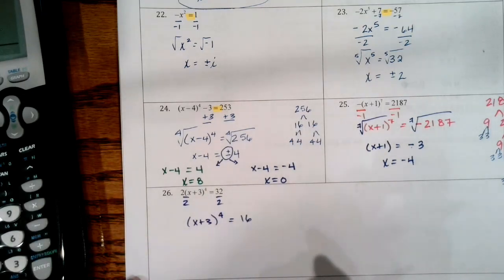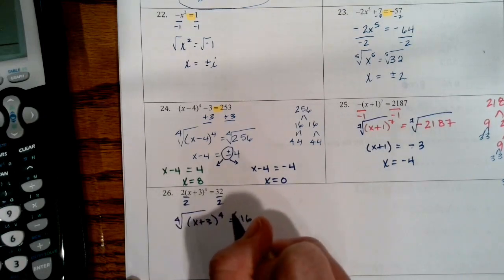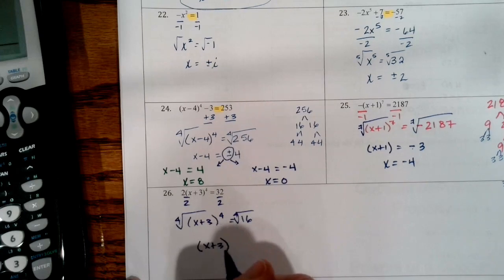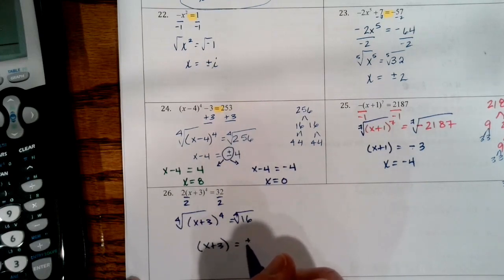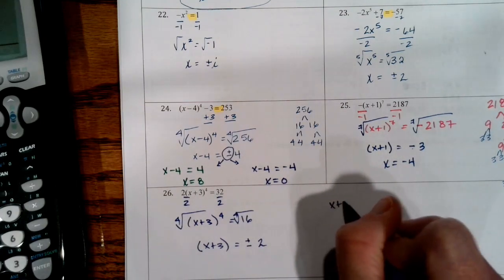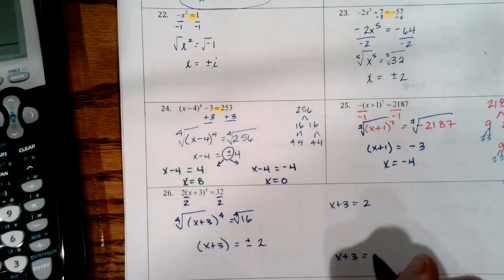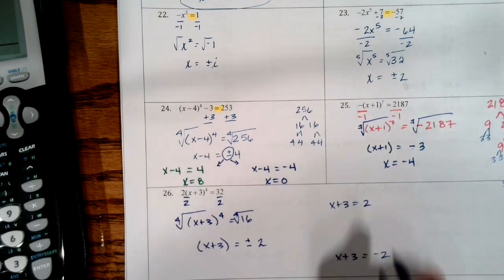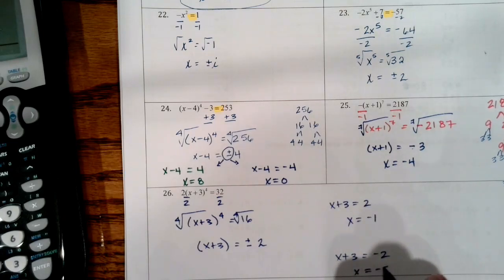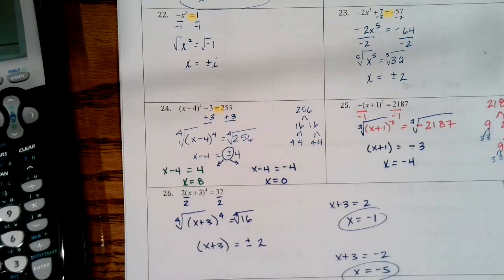I know 2 to the 4th is 16, so when I take the 4th root of each side, I get x plus 3 is equal to plus or minus 2, which means x plus 3 is equal to positive 2, and x plus 3 is equal to negative 2, which means x is equal to negative 1, x is equal to negative 5. So those are my two values. All right, keep at it.